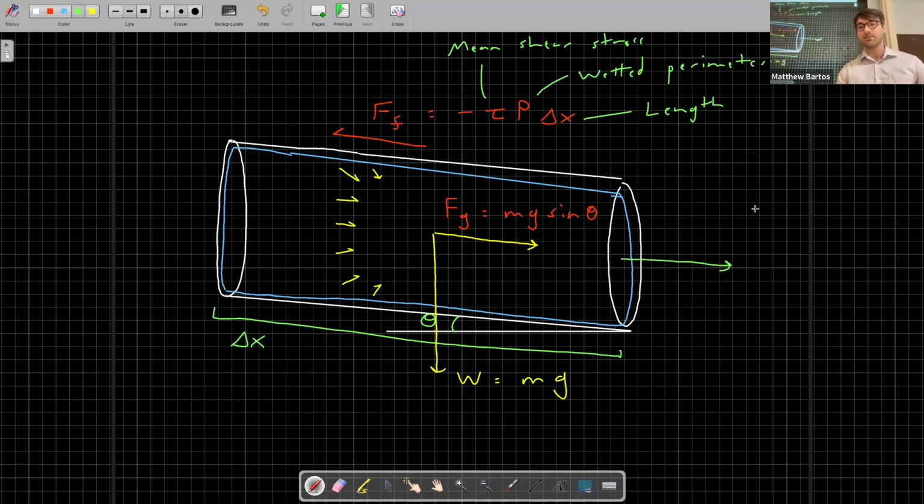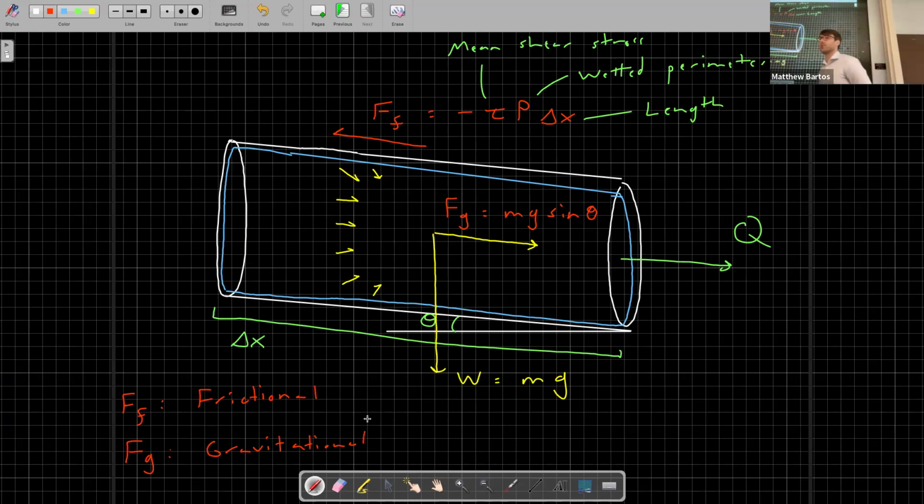And just to make a note, this is the direction of flow. All right, so we've got two forces. We've got F sub F, the frictional force. We have F sub G, which is the gravitational force.